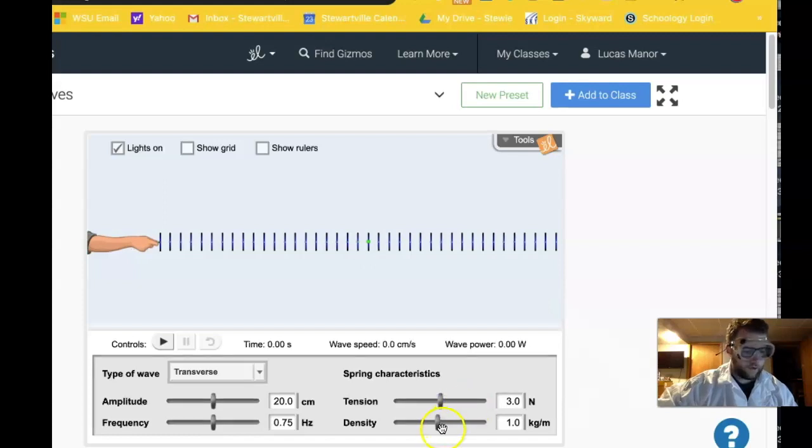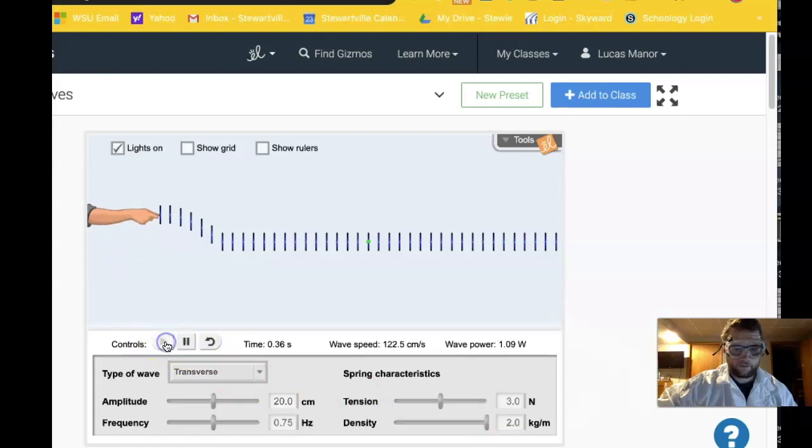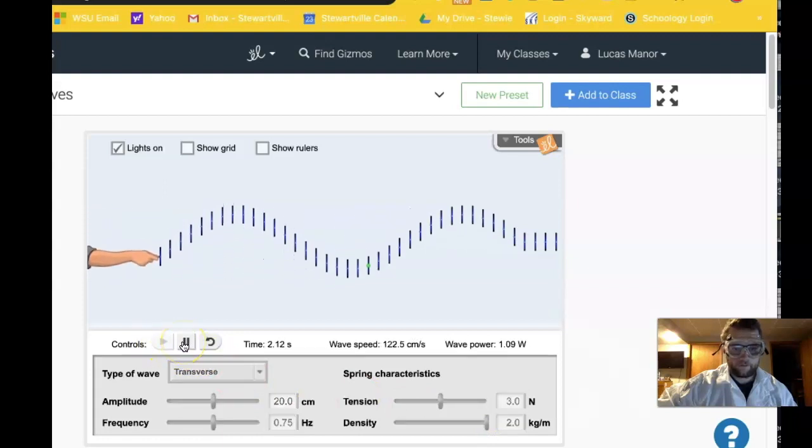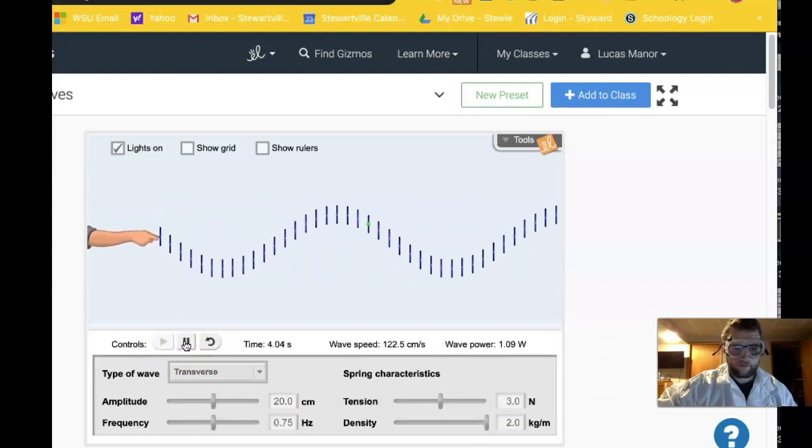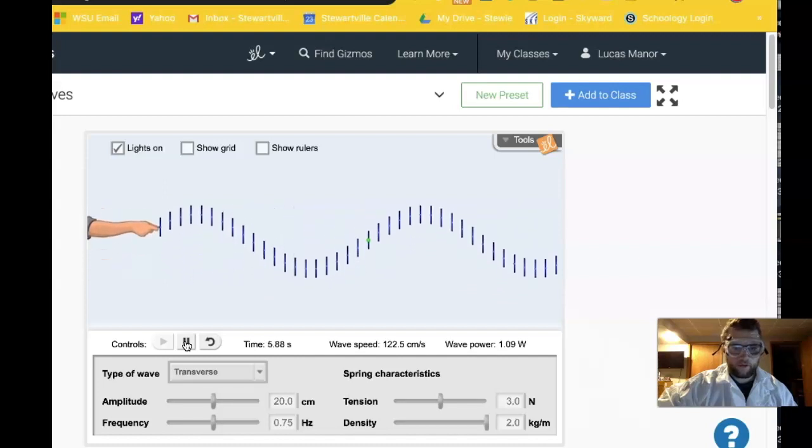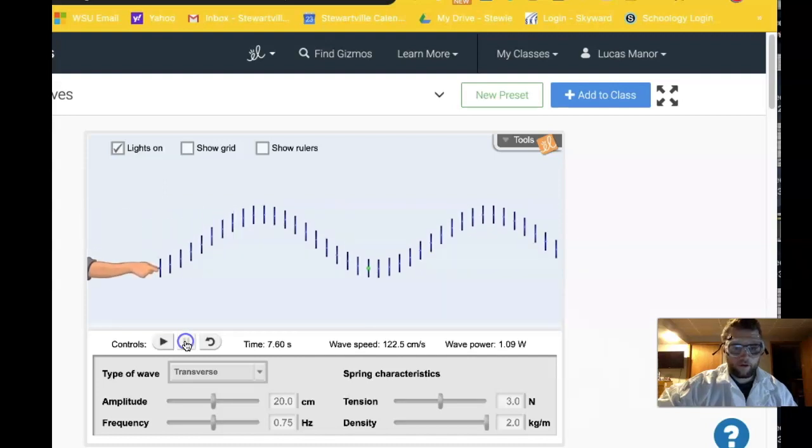And now we're going to increase the density. Okay, I'll let that run for a little bit. We'll pause it there. And now we can definitely notice 2 crests in the same page. So our wavelength decreased, and our speed is now at 122.5.